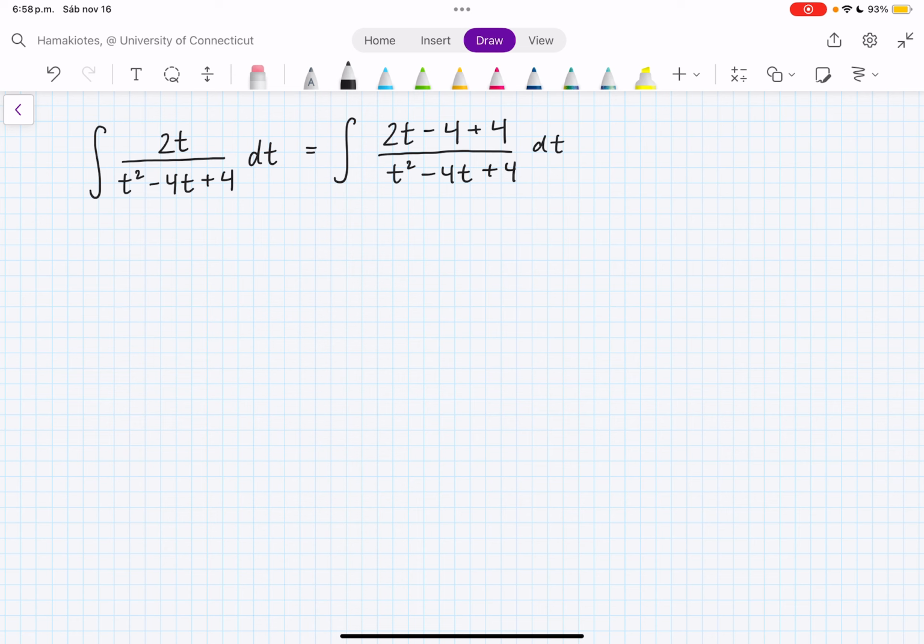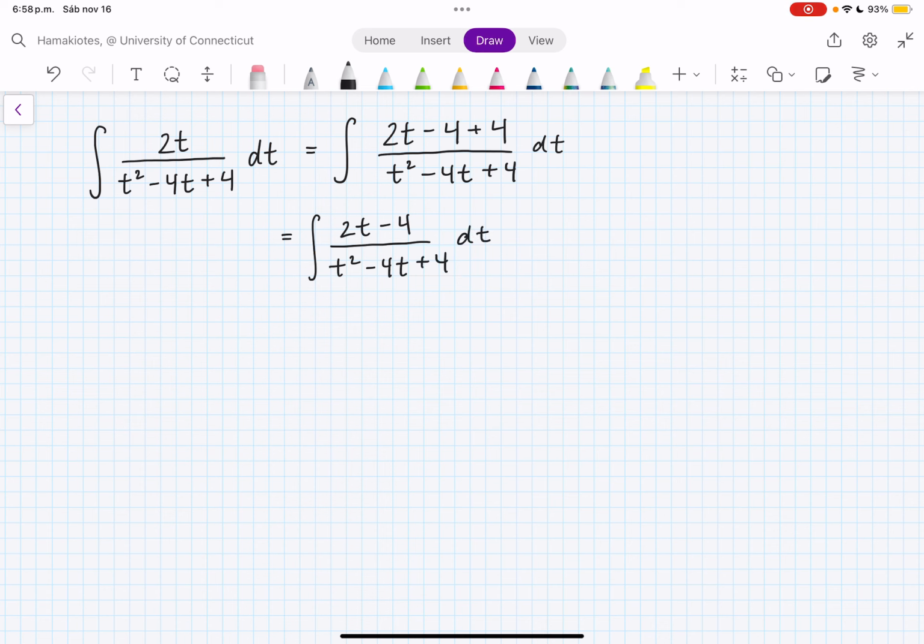And now I can break up this integral into two pieces. The first piece can be 2t minus 4 all over t squared minus 4t plus 4 dt.